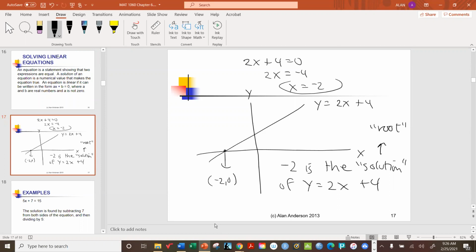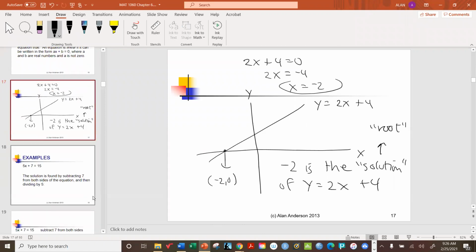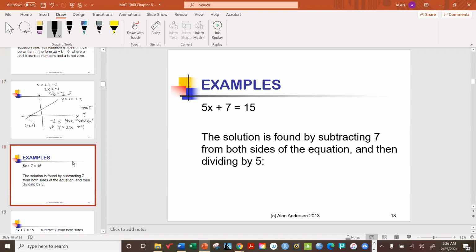All right, let's look at some simple examples. Now, a lot of this is just basic algebraic manipulation, but you know what? We could probably use some practice. Okay, so for example, let's try this one. How would we solve this one? Remember, the idea is this.